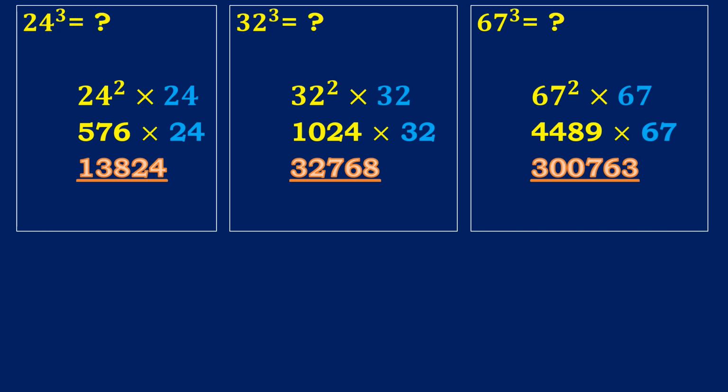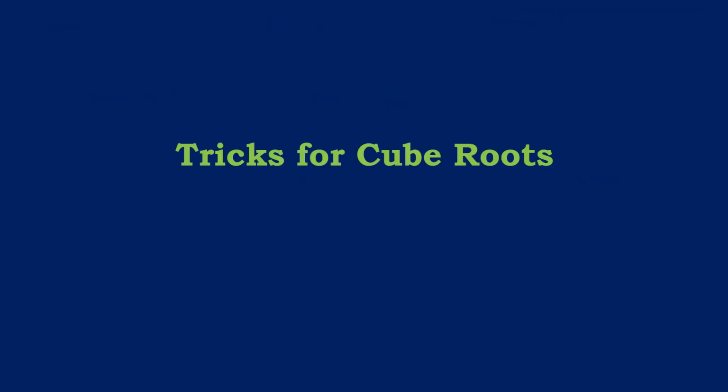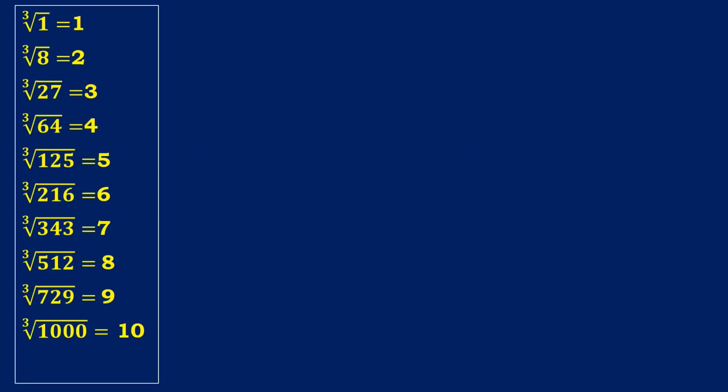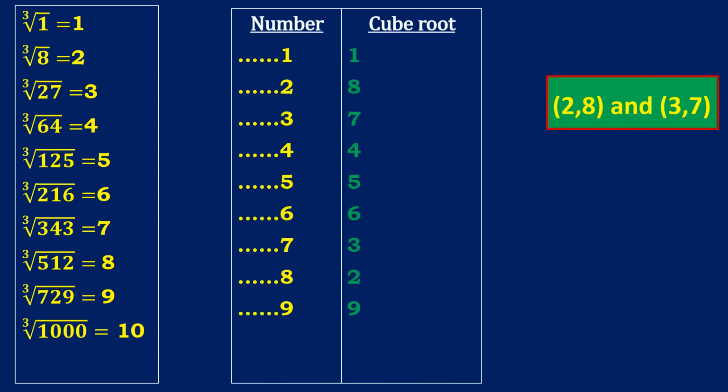Let us now learn an important shortcut trick to find a cube root in a smarter way. Here, the list shows the integers and their cube root values. Whenever a number ends with 1, the cube root ends with 1. Similarly, the pattern to be followed for the unit space.